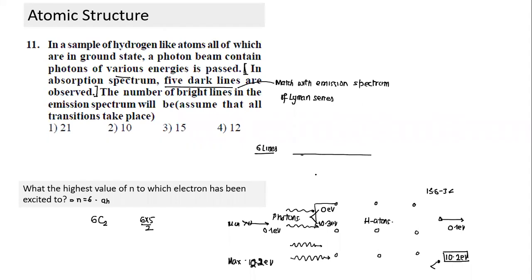So if I ask this question in a slightly different way, I can ask: what was the maximum energy possible in incident photons? How would you calculate the maximum possible energy of the incident photon beam?